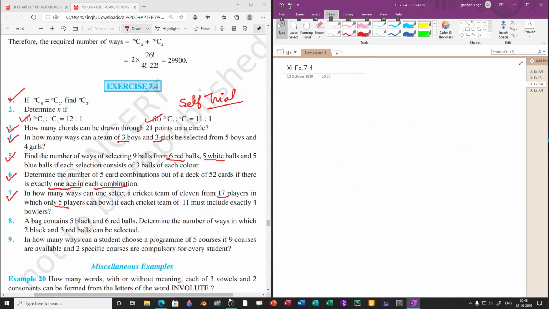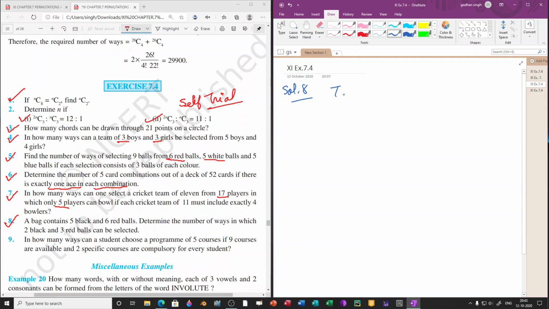Now question number 8, exercise 7.8. A bag contains 5 black and 6 red balls. Determine the number of ways in which 2 black and 3 red balls can be selected.